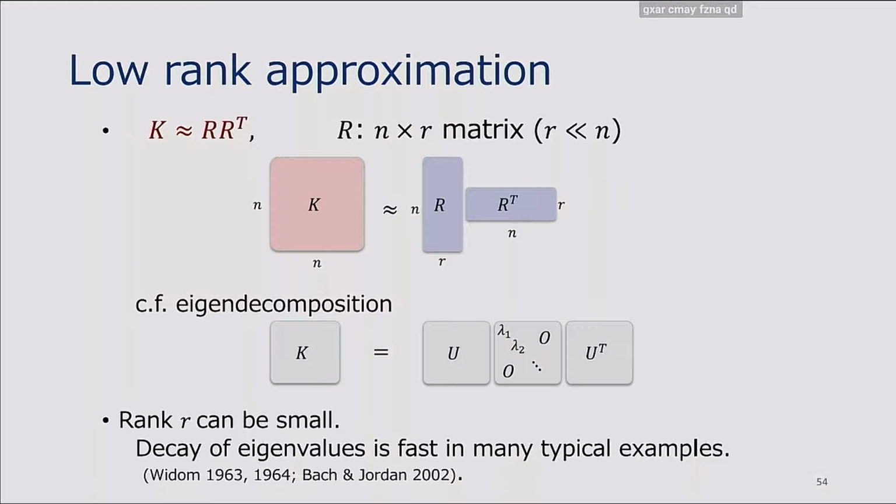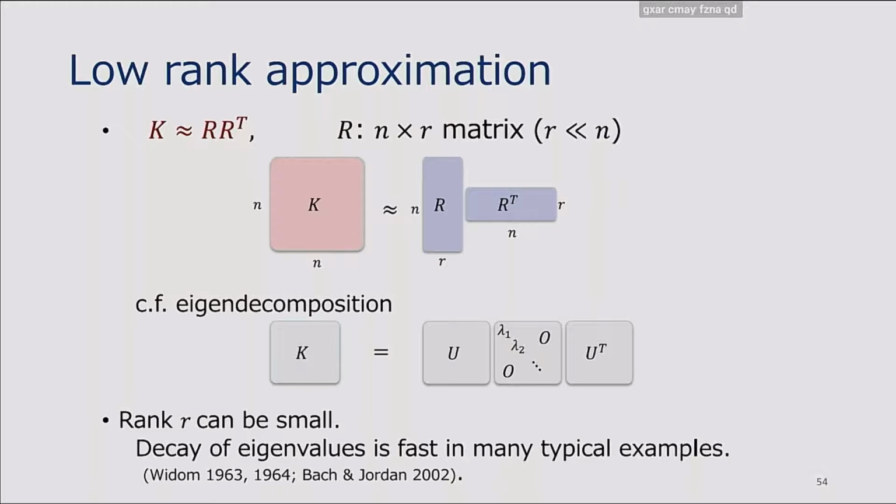So if the eigenvalues decay to zero quite fast, then we can neglect the very small eigenvalues and approximate K in this form.